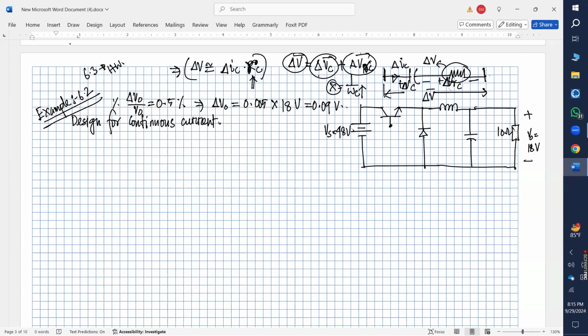Then it says specify the duty cycle. Then it says the switching frequency.